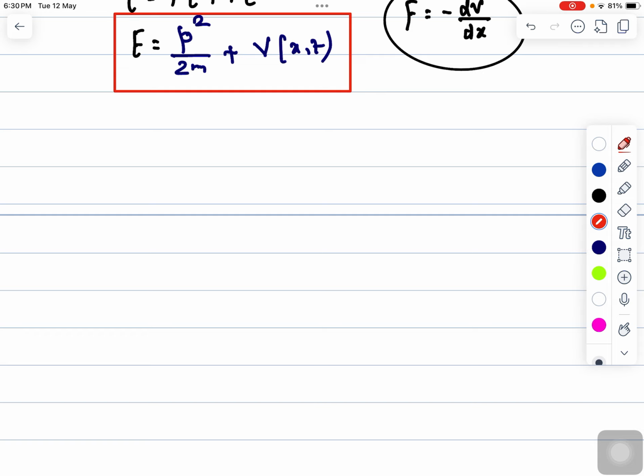This is how you calculate F if you know the potential energy. Is that clear? Now the third postulate is the principle of linearity or superposition.